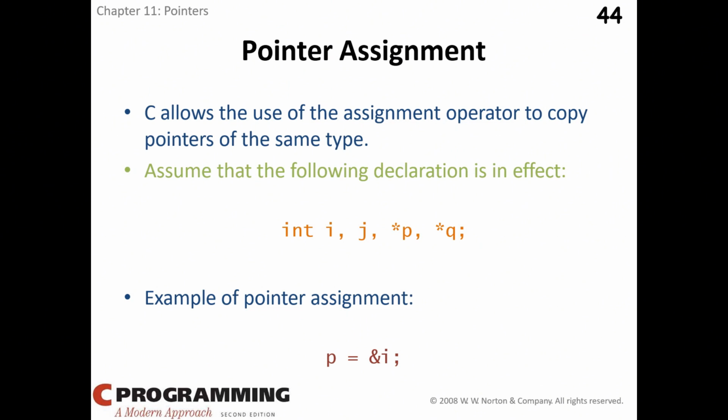And in the example in the bottom of the slide, we assign the address of variable I to the pointer variable p using the assignment operator and the address operator. And after this assignment, the pointer p holds the address of variable I. This allows us to access and manipulate the values stored in I indirectly through p.